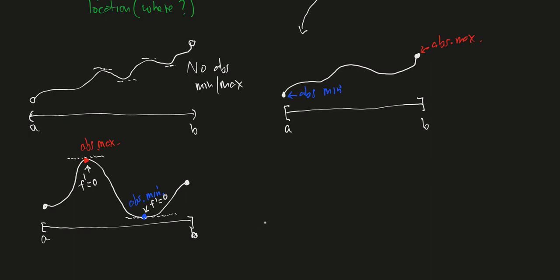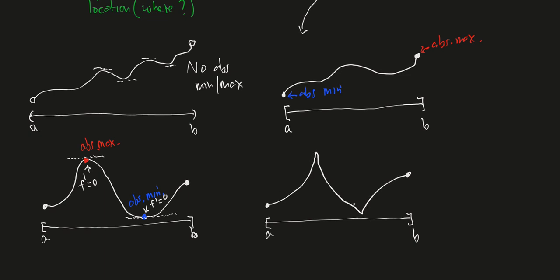Here's another situation. Same closed interval, continuous function. Let's say it starts here, goes up there, comes back down, stops there, and then goes there, right? Look at that. That's a continuous function, right?